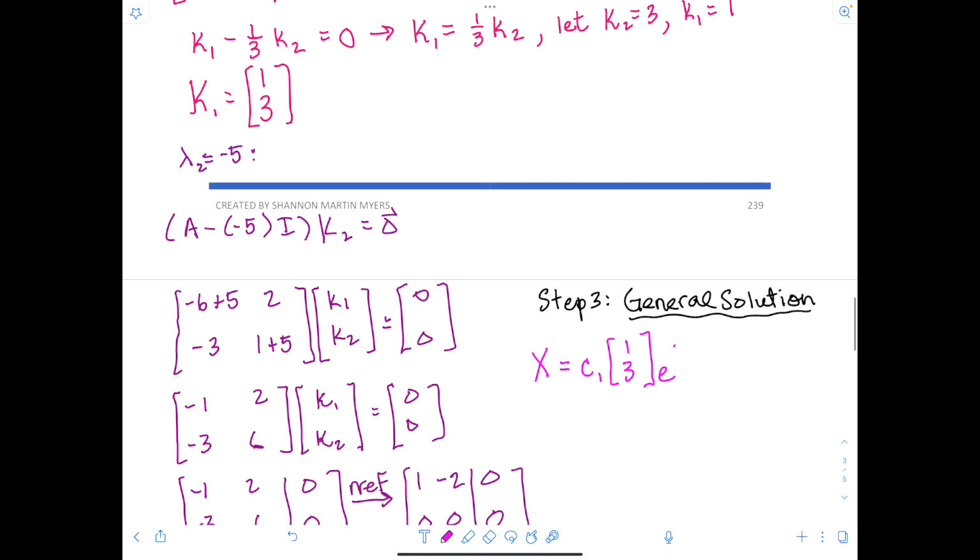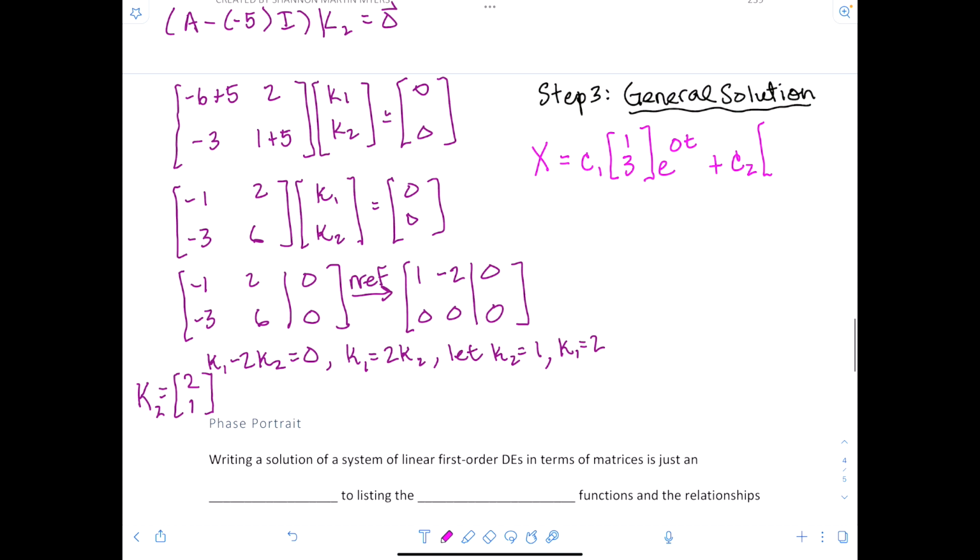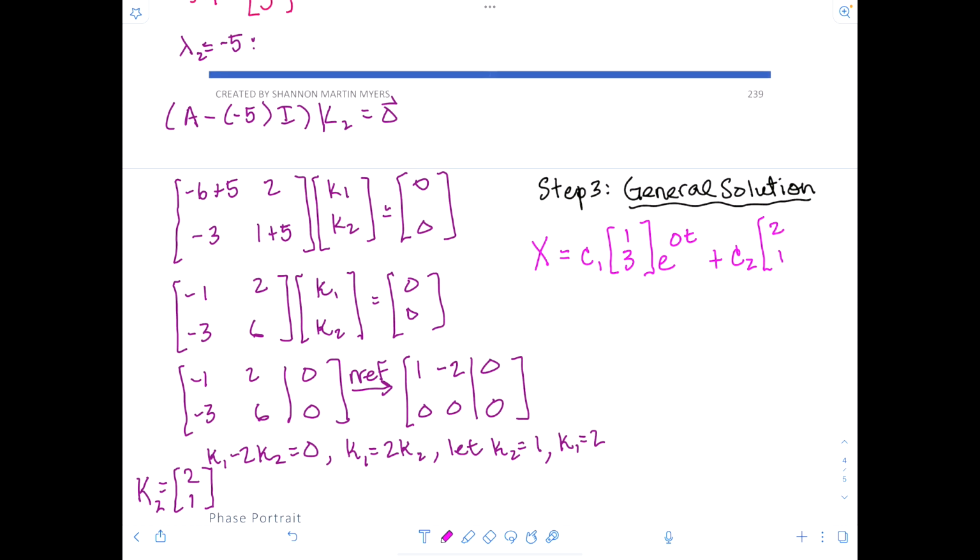So this would be E to the 0t, and then plus C2 times K2, which was 2, 1. That corresponded to the eigenvalue of negative 5.